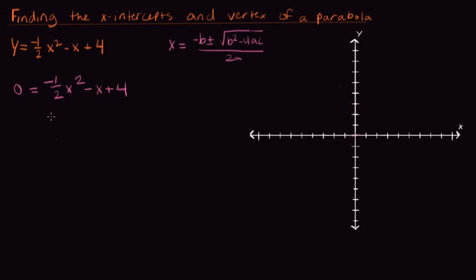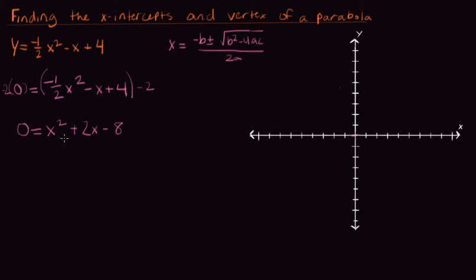The first thing that I want to do before I factor is get rid of this negative a half. So I'm going to multiply both sides by negative 2, and I think that's going to make it easy to factor. So I still have 0 equals x squared plus 2x minus 8.